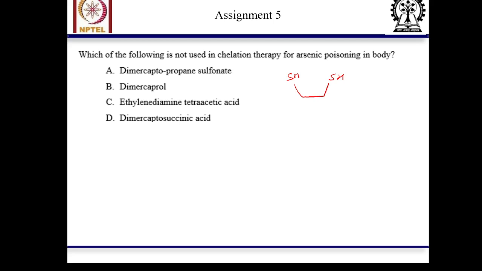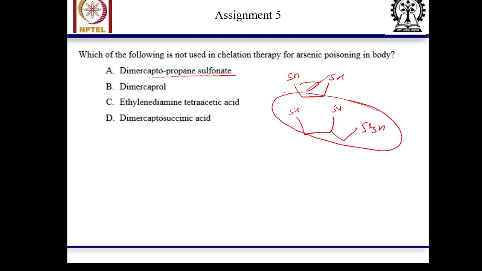So what is dimercaptopropane sulfonate? This is the dithiol. If we write it, this is SH, this is also SH, and this is SO3H. This is dimercaptopropane sulfonate.